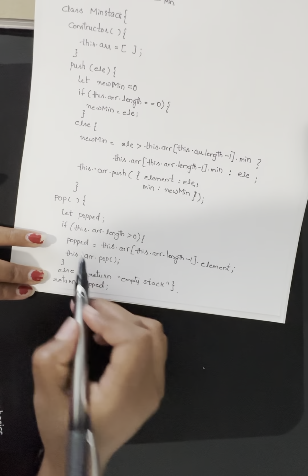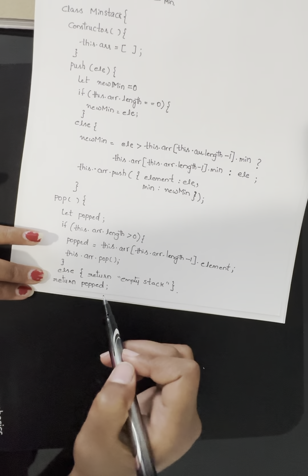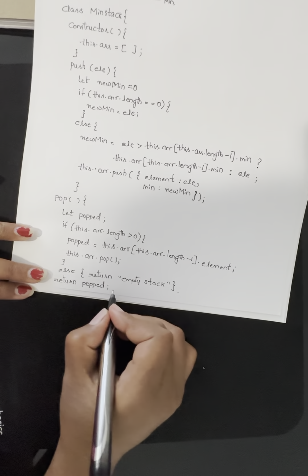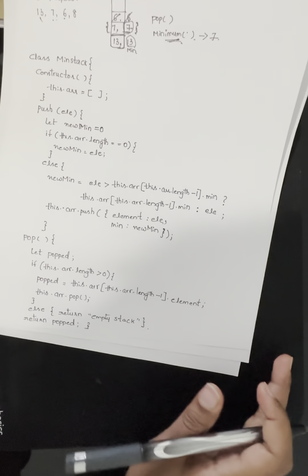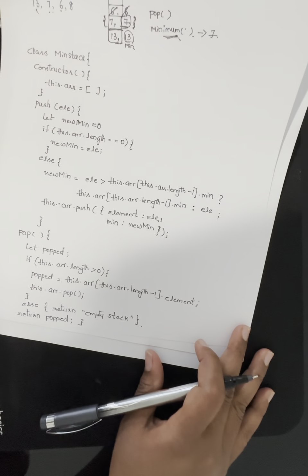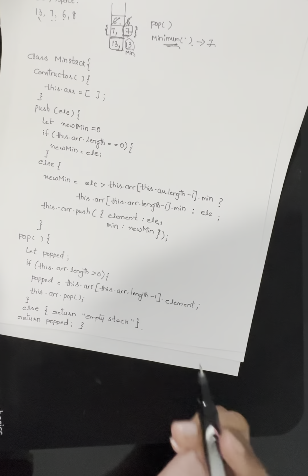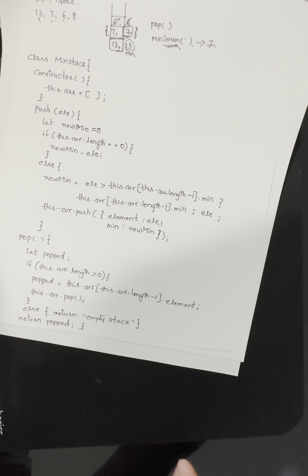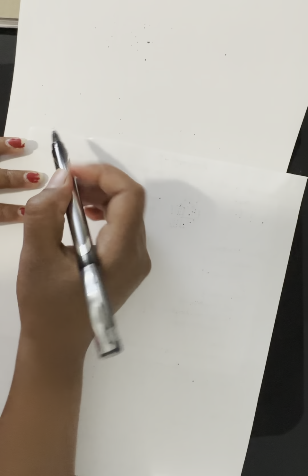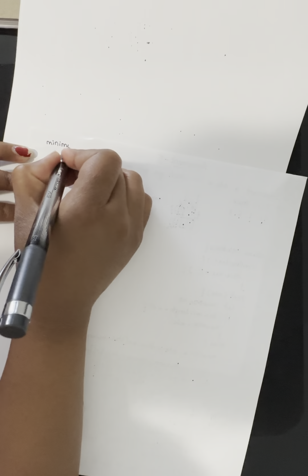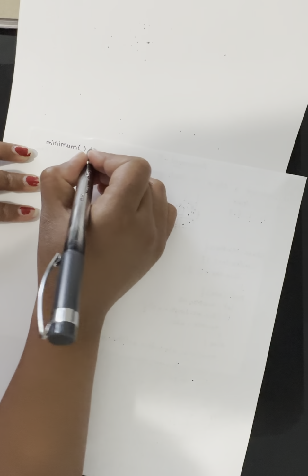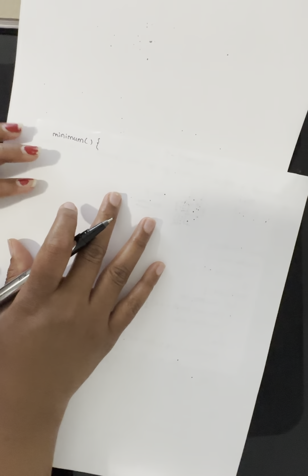So in the popped variable we have the last element in the stack. Now we'll write a function to get the minimum element in the stack.